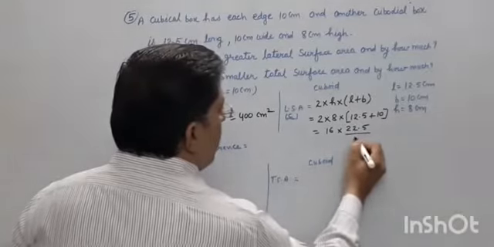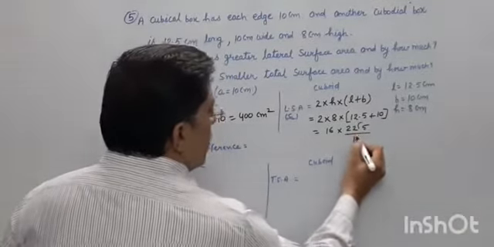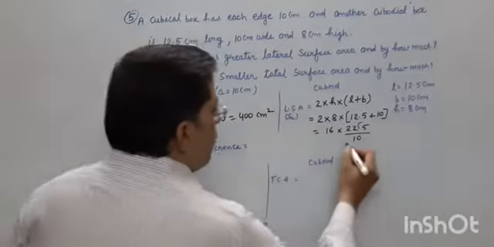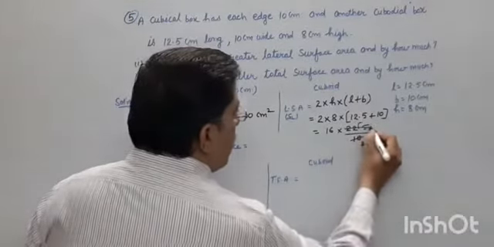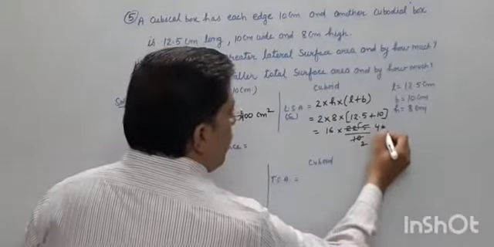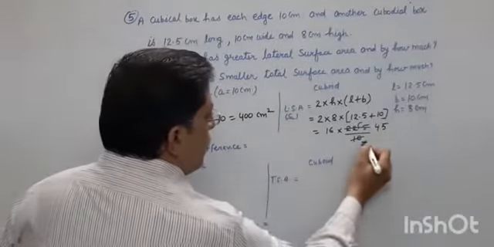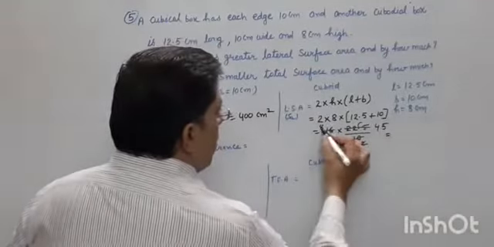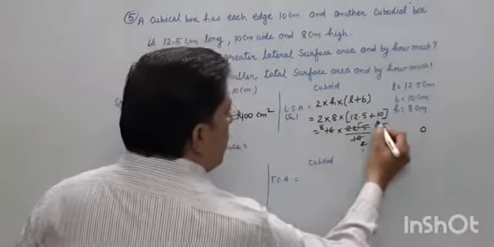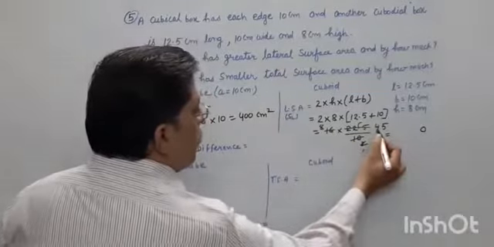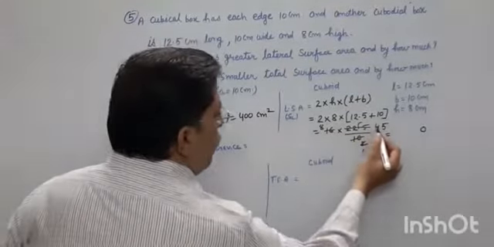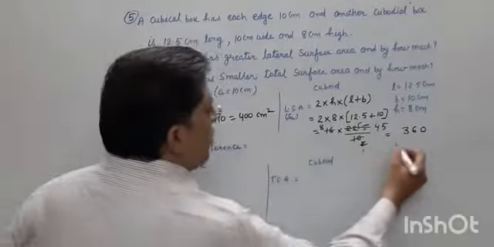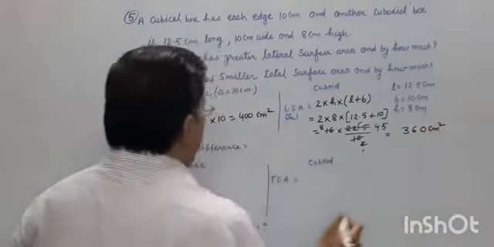2 into 8 into 22.5, so 16 into 22.5. 16 times 22.5 comes to 360 centimeter square.